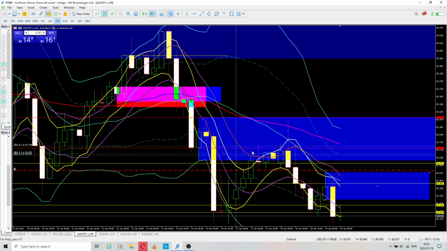I think I mentioned this one, the high of a session, then the next session takes that high. As you can see, guys, look at this week here. They were just taking all of those stop losses to create liquidity to go to the downside.